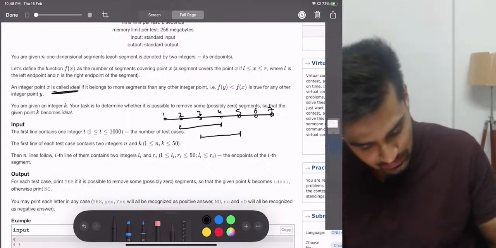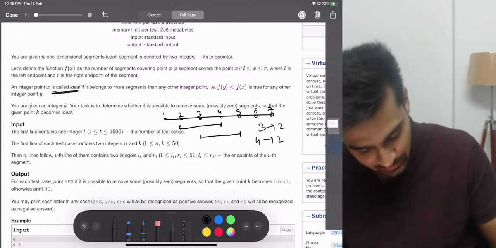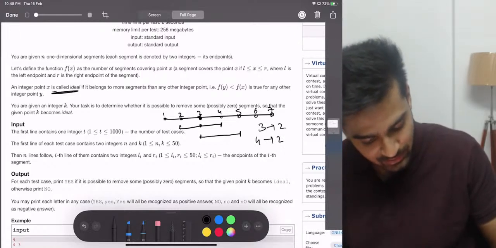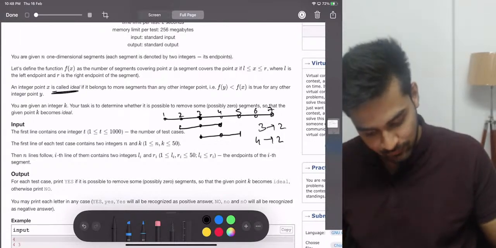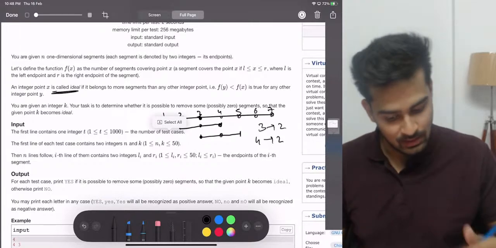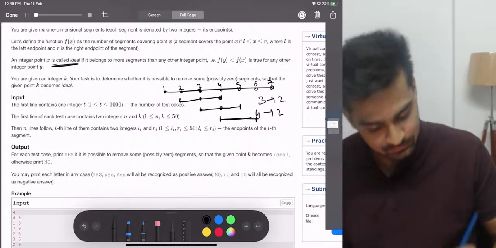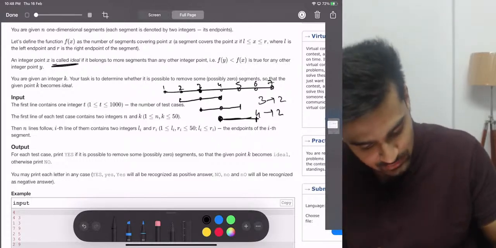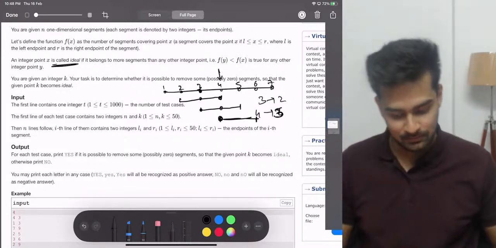Now, if you see, the occurrence of 3 is 2 and the occurrence of 4 is also 2, because 3 is occurring in this line and in this line, and 4 is also occurring in this one and this one. Therefore, neither 3 nor 4 is idle. If we introduce one more line from here to, let's say, here, now the count of 4 actually becomes 3. And 4 is an idle point.